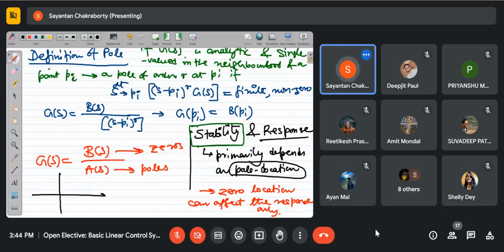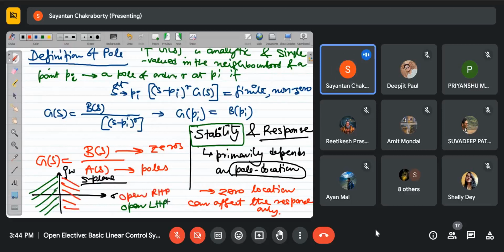I guess all of you know that if this is the s plane, with sigma and j omega axes, this open left half plane is stable. Open means just barring this axis. Open RHP is unstable.